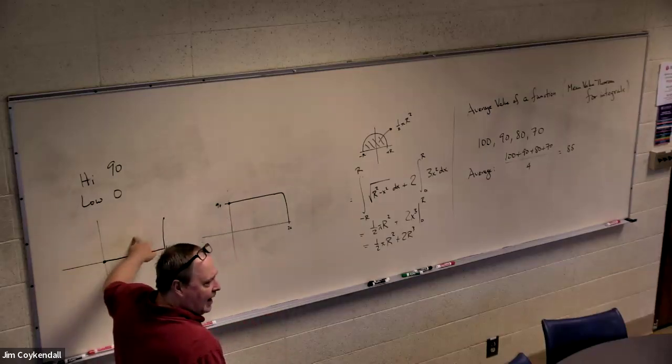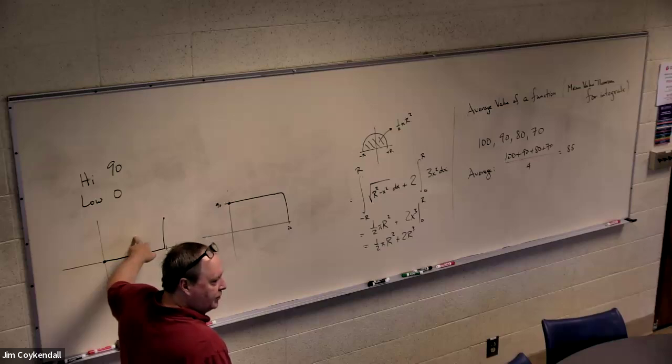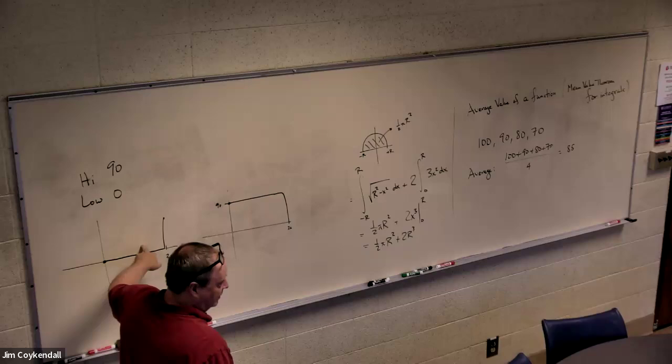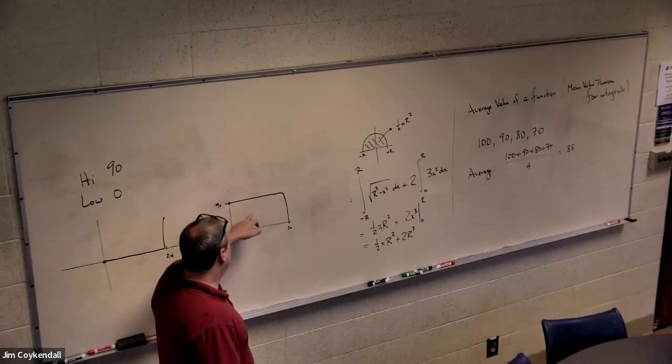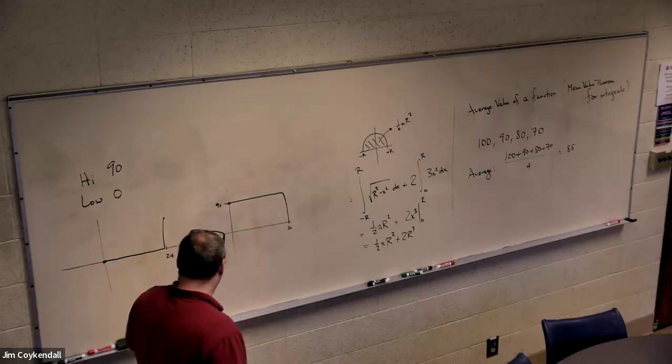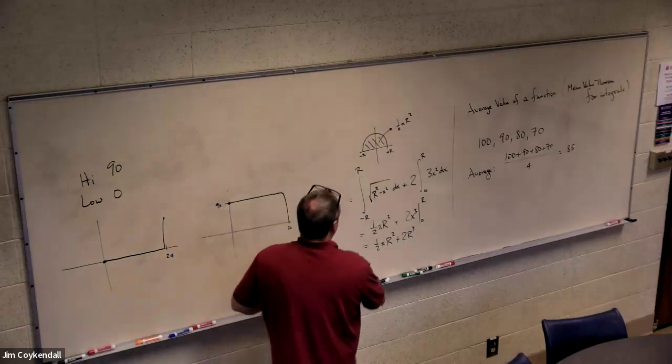Here, I would say that if you want a more accurate depiction of the average temperature, it's going to be closer to 0. It's going to be less than 45. On the other hand, in the earlier case, I would say the average temperature is bigger.